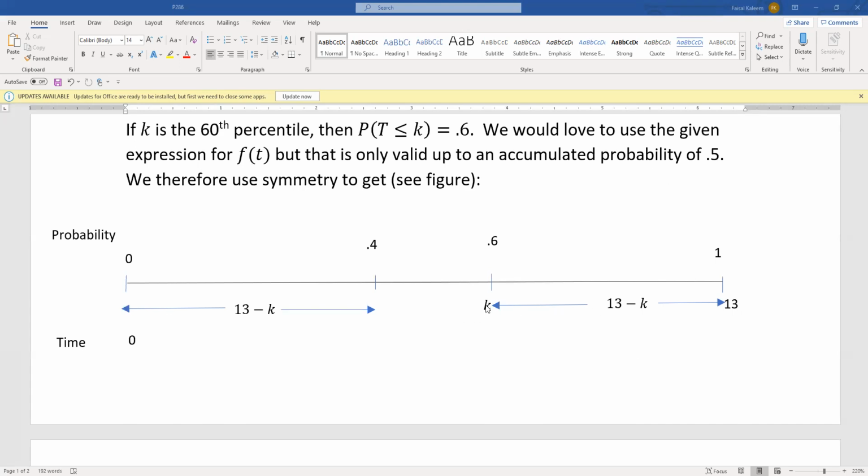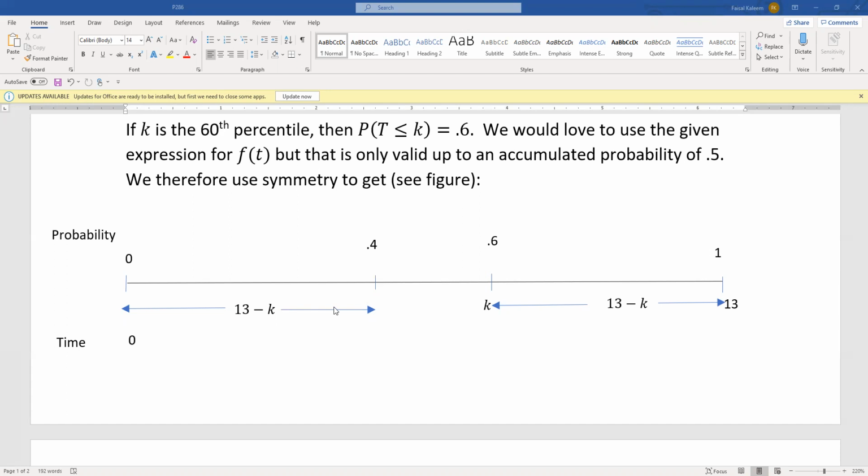If this is time K, then the remaining time is 13 minus K, and this length is 13 minus K. By symmetry, we have a length of 13 minus K at the beginning with probability 0.4, because the remaining probability is 0.4. So the initial probability of 0.4 will also have length 13 minus K.